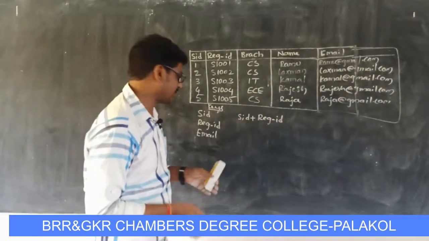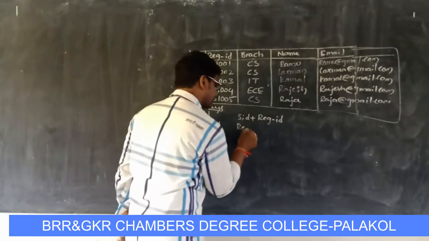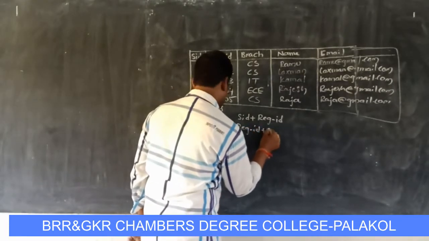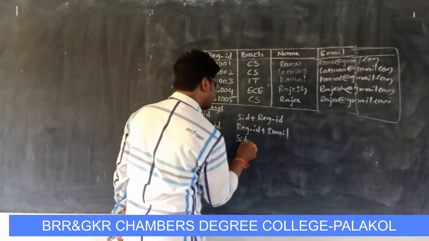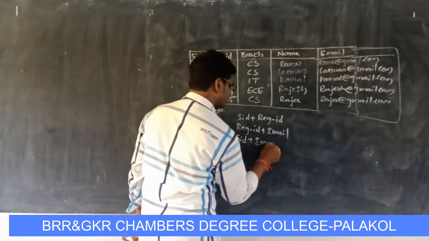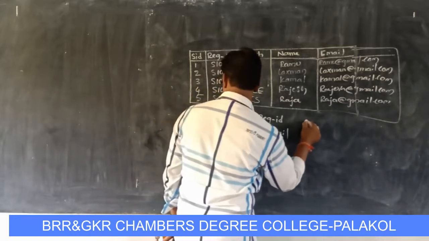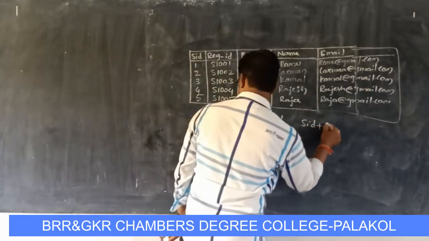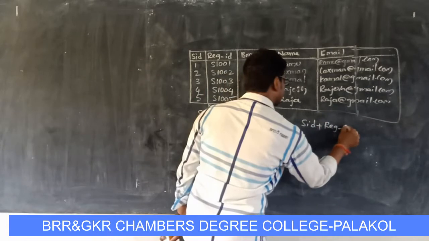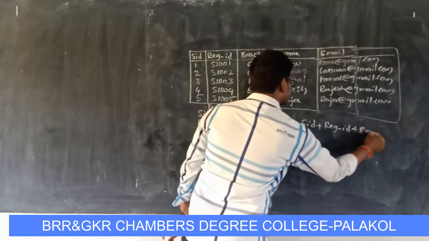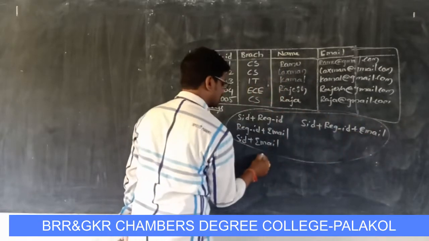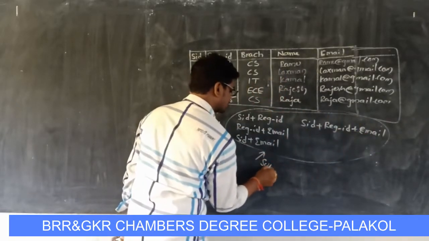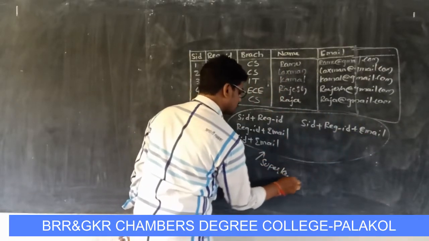SID plus registered number, registered number plus email, SID plus email, and all three, SID, registered ID plus email. All these are the super keys.